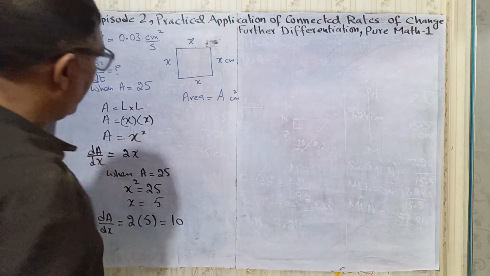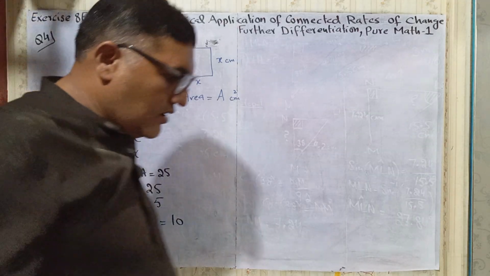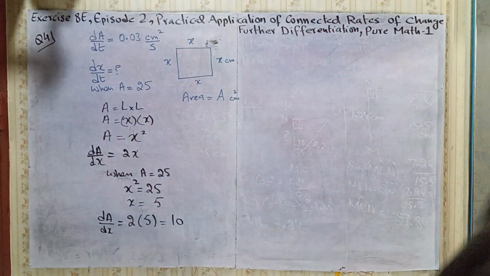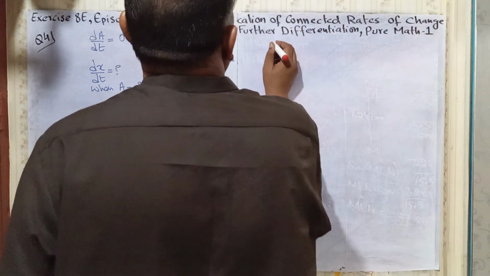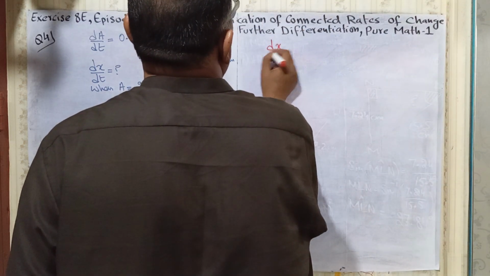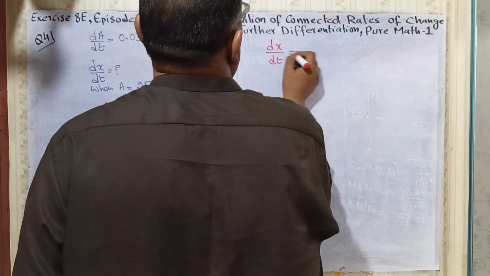Now I will apply the chain rule because I want to find the value of dx by dt.